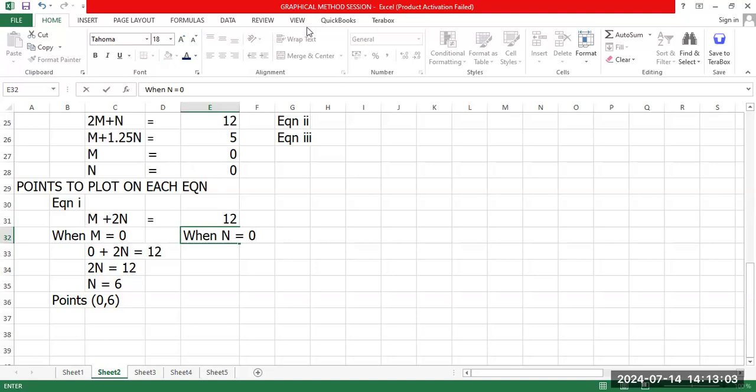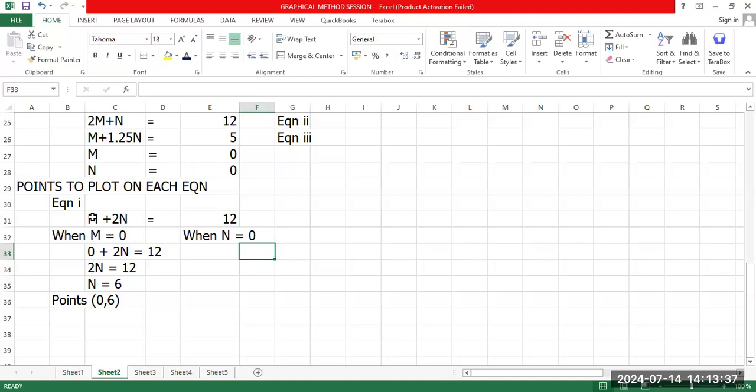You are just trying to get points to plot. You can decide to use when m is equal to 20, but don't get a point that is going to give you a hard time to plot. Are we together, colleagues? Just use easy figures, 0, 1, 2, or 4. Don't use big figures.